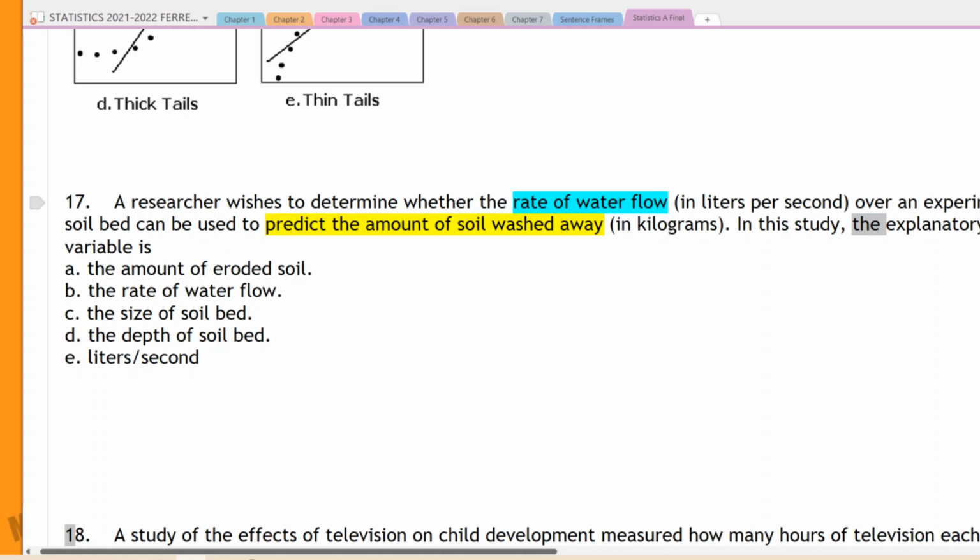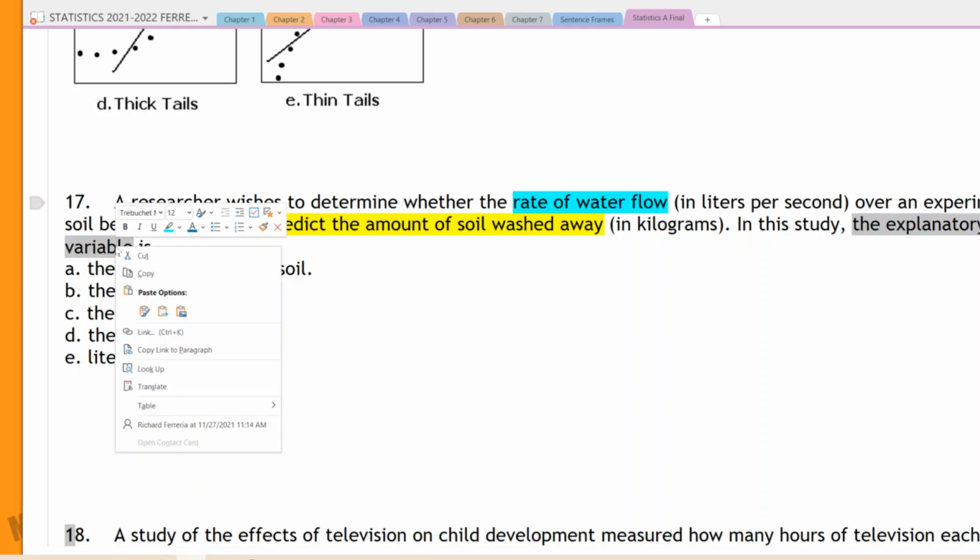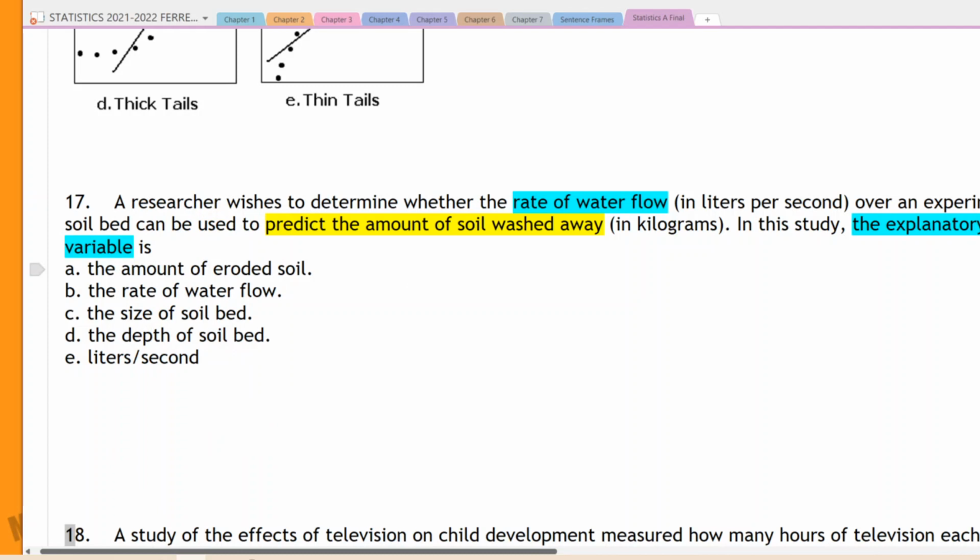That's what we're controlling. So really, the explanatory variable here should be the rate of water flow, and the amount of soil washed away is going to be our response variable. So in this study, the explanatory variable should be the rate of water flow.